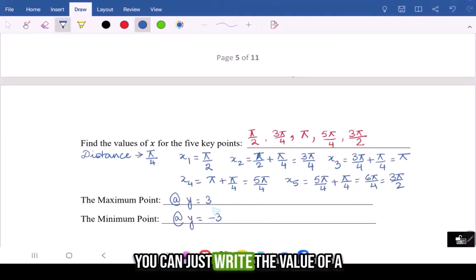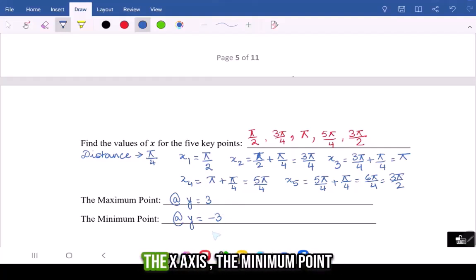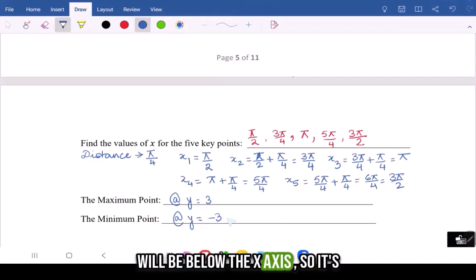You can just write the value of a above the x-axis. If it's below the x-axis, the minimum point will be below the x-axis, so it's going to be a negative value. All right. Now, if there was a vertical shift, you would have to add the value of the vertical shift to each of these numbers in order to come up with the maximum and the minimum point.